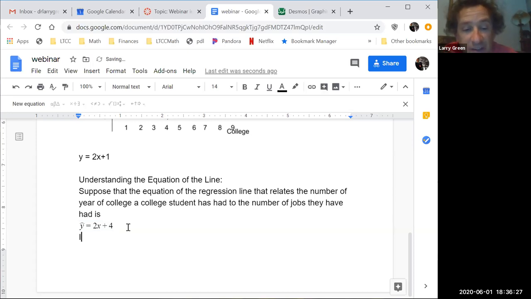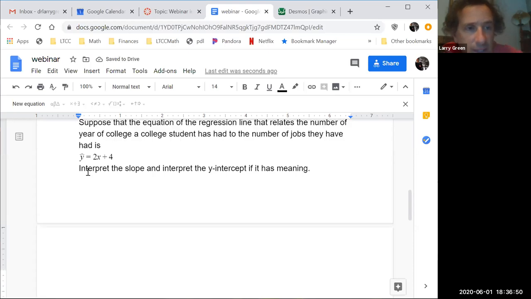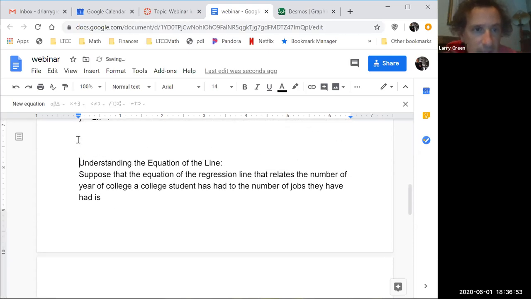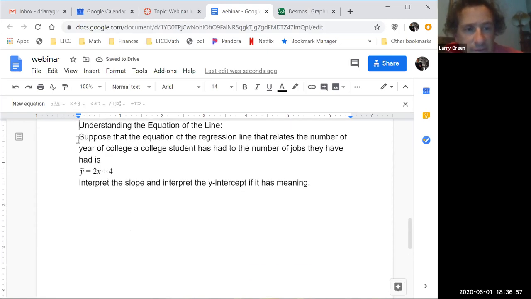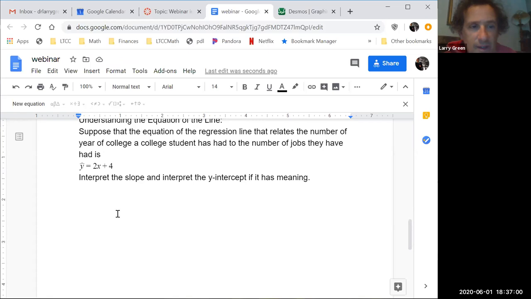So the question is, interpret the slope and interpret the y-intercept if it has meaning. Okay.